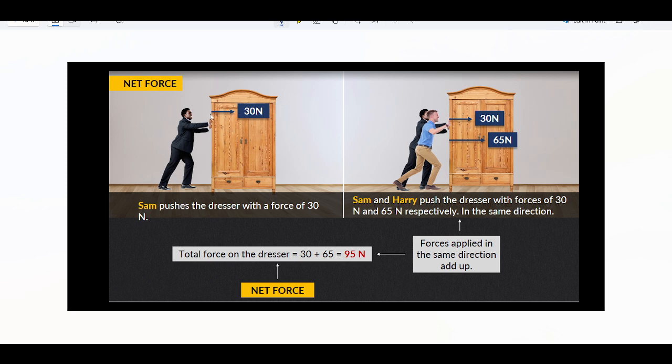Let's suppose Harry comes and applies the same amount of force, which is 30 Newton, in the opposite direction.